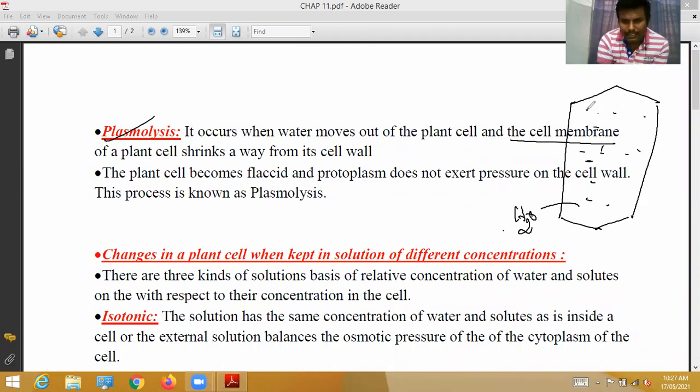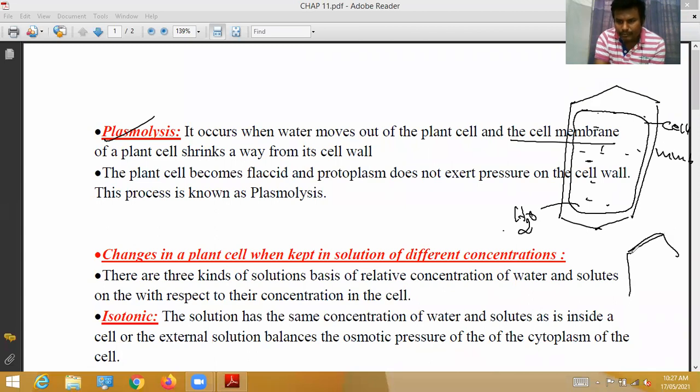This is the cell membrane, and here is the expanded condition.